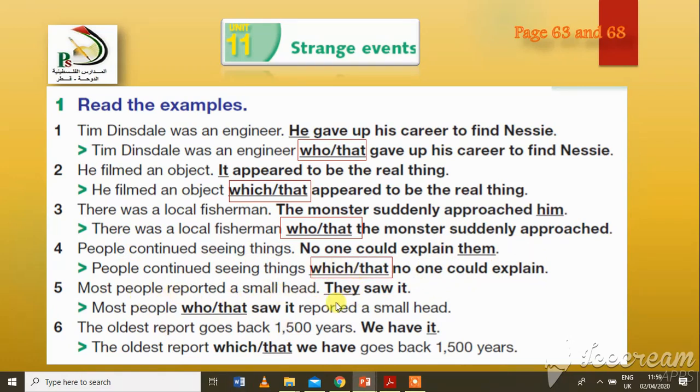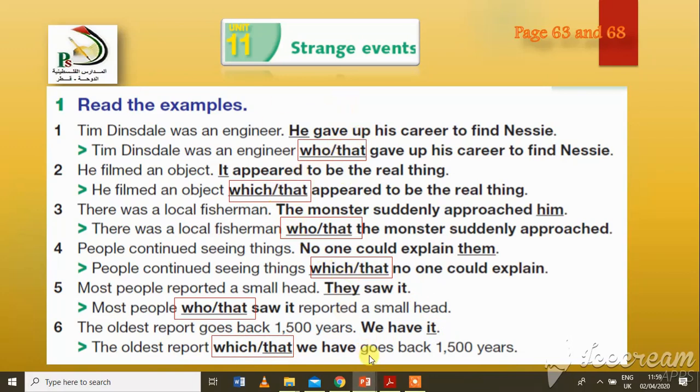They. Now this they refers to most people. Number 6, the oldest report goes back 1500 years. We have it. Which or that. So these are our relative pronouns which are giving us useful information.